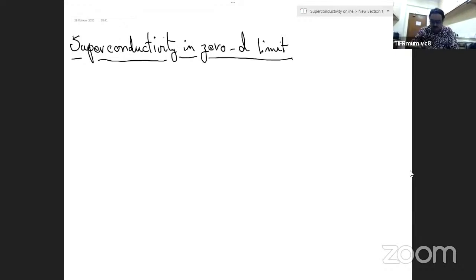So let us first ask a question: if I take a small particle, let's say nanometer size, how small can a superconductor be?